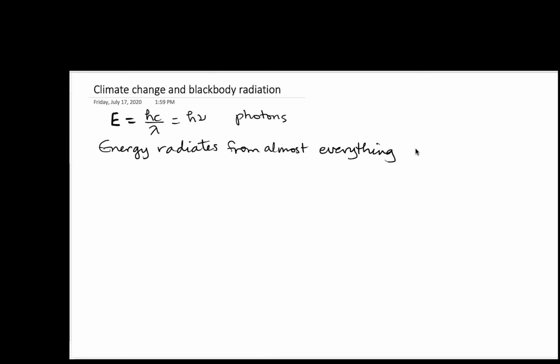We're mostly used to thinking of things like the sun and stars as being things that radiate energy, but they just happen to radiate in the visible, and lots of other things radiate in other wavelengths, and not all of them are visible. So when people were studying radiation not in the visible, they called this blackbody radiation because they were not in the visible, so therefore black, right?